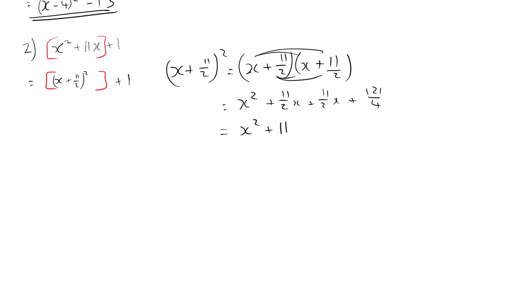Tidy that up, x squared plus 11x plus 121 over 4. Again, our adjustment, we've got an extra 121 over 4, so let's take that away. The last step is to get rid of these red square brackets. So we're going to do minus 121 over 4 plus 1, which will give us minus 117 over 4. That is our answer.